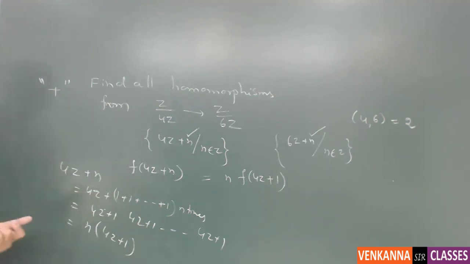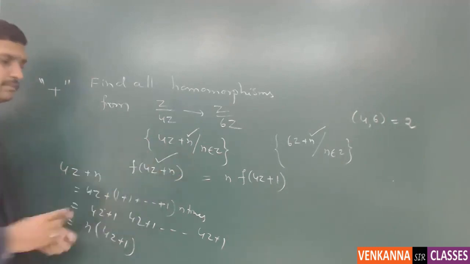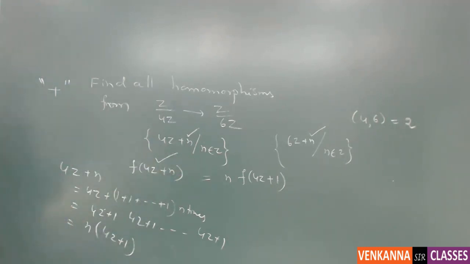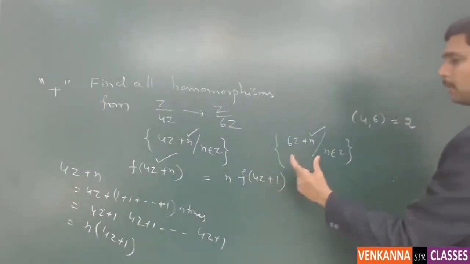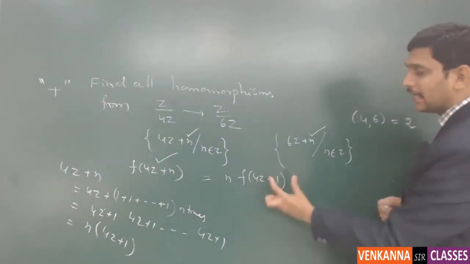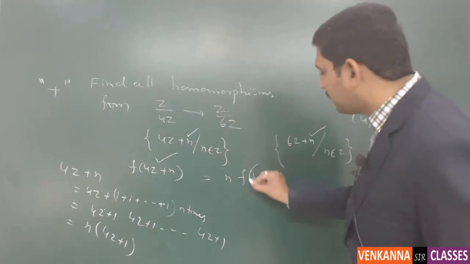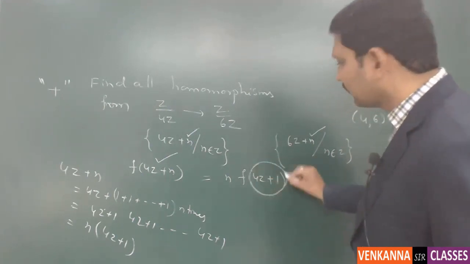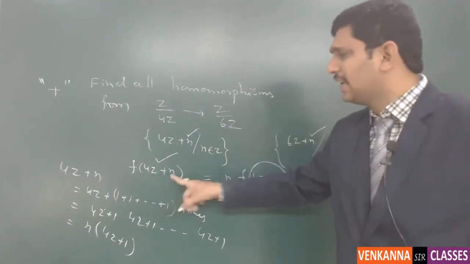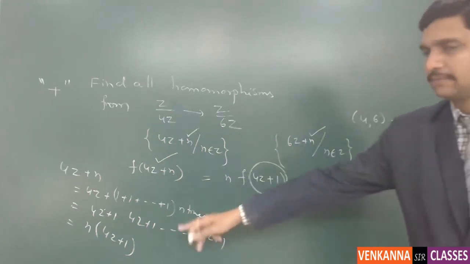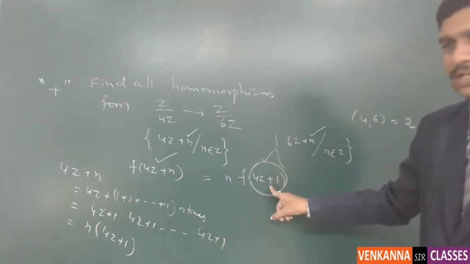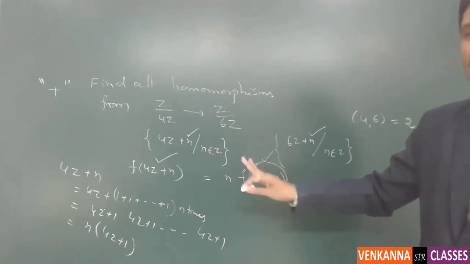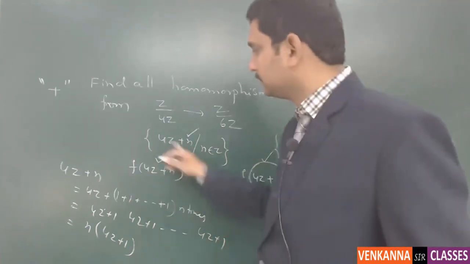So, if you want to pair the element 4Z + n, what is the possible pairing I can do for the value 4Z + n? Because every element here is nothing but n into this. So if you know the pairing pattern for this element, then you have done the pairing pattern for this value.